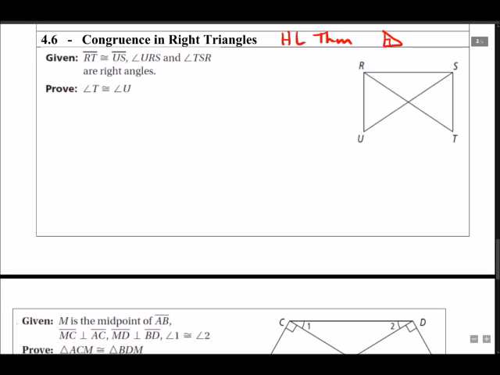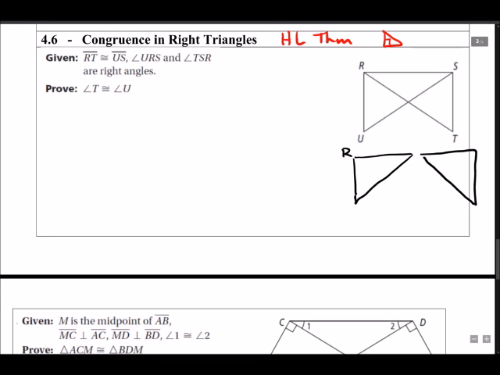Segment RT is congruent to segment US, and URS and TRS are right angles. All right, let's redraw. We're going to be using this triangle and this triangle.